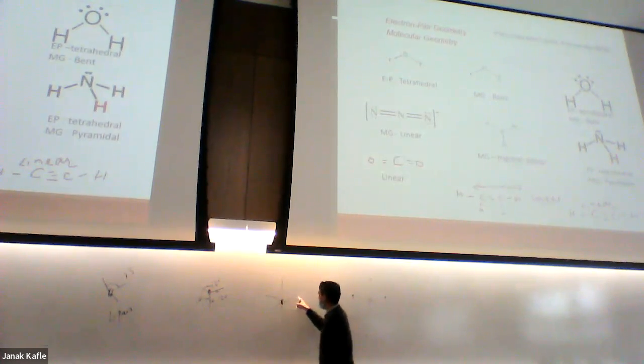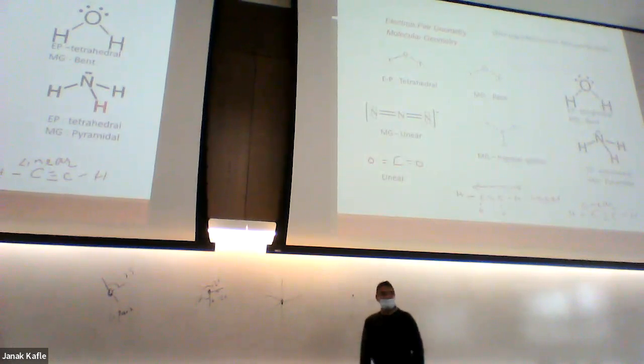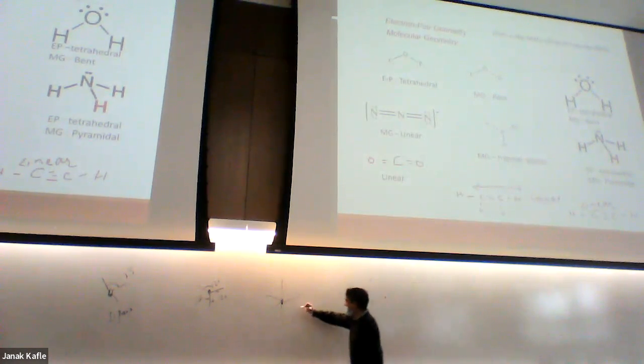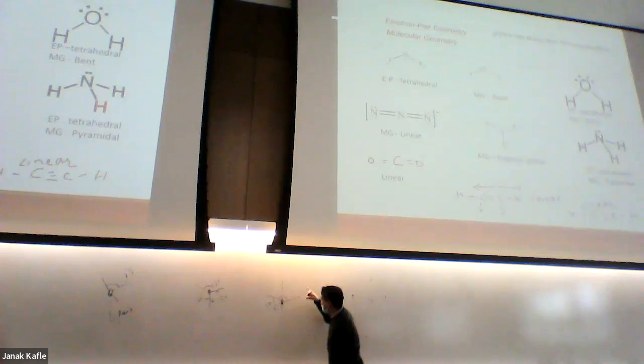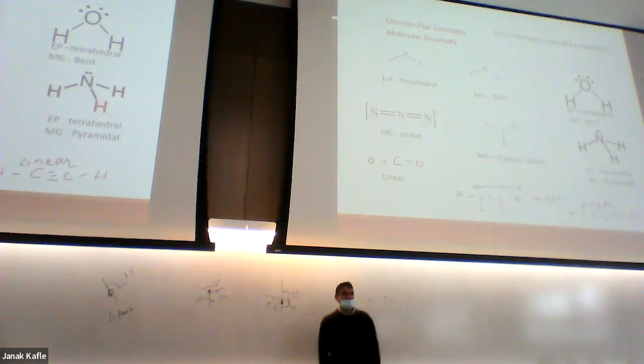These are in the equator. This one in the equator. This is going toward the ceiling. This is going toward the ground, right? So the bond angles between these are 120. This is 120. Between this and this is 120, but between this and this is 90. So this is 90. This is 90. Everybody got that? So like that.